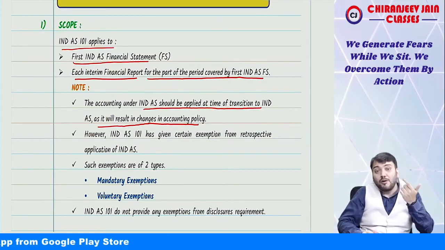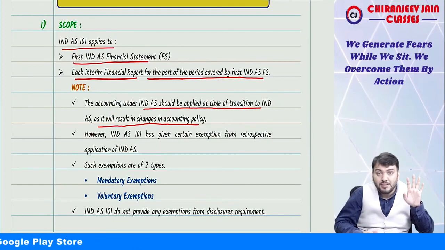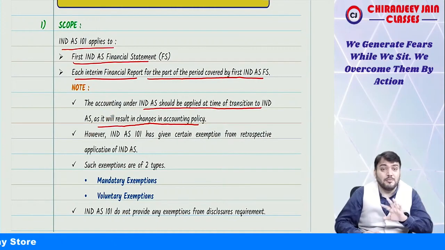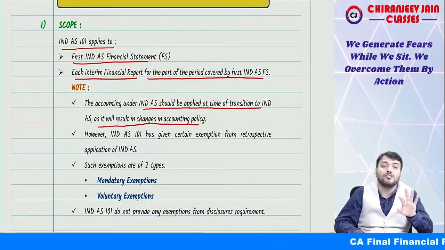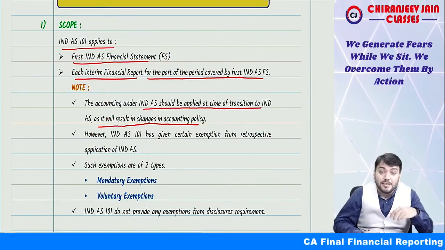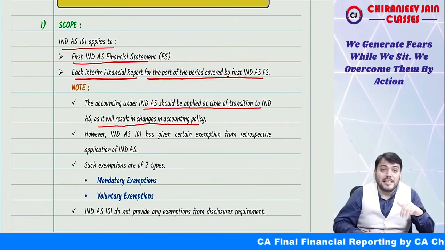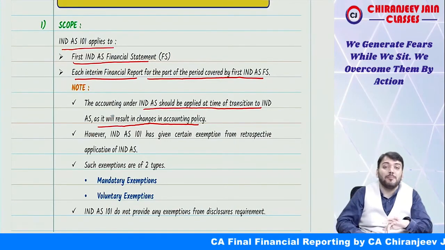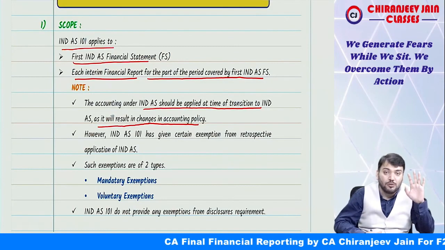Whenever there are changes in accounting policy, retrospective application will be very complicated. Therefore under Ind AS 101, they have given many exemptions from retrospective application. What are the exemptions given for retrospective application under Ind AS 101? That we need to understand.